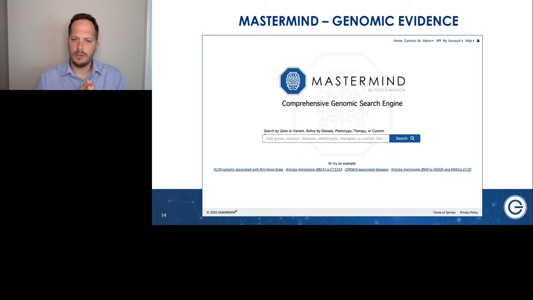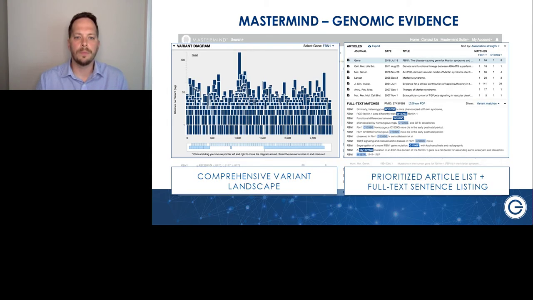And so just to be more specific, Mastermind is a genomic search engine powered by genomic evidence that spans the gamut of human disease across all genes and all variants and all variant types across all of genetics, and decorates all of that data with phenotypes, therapies, and any category key terms or custom searches that the user has in their purview.